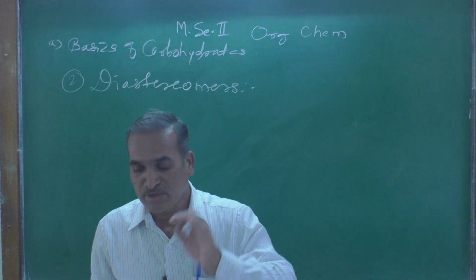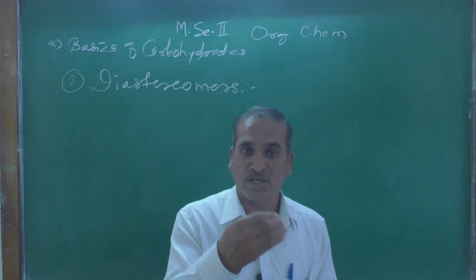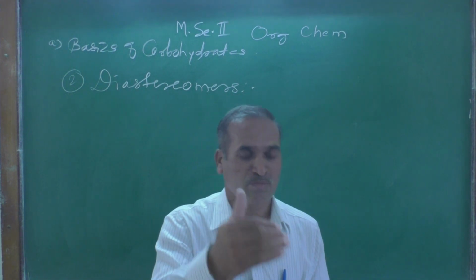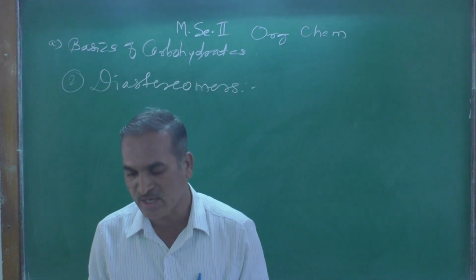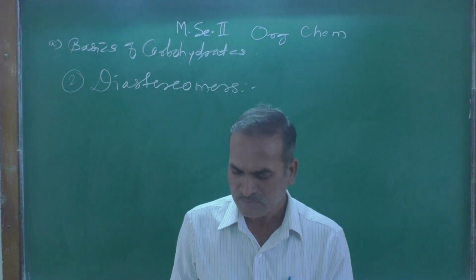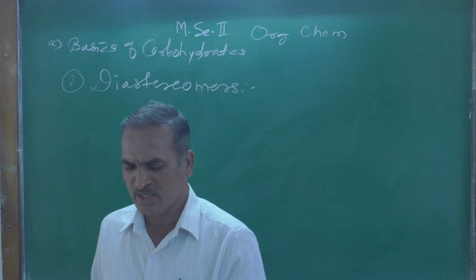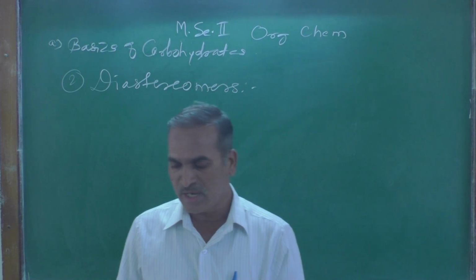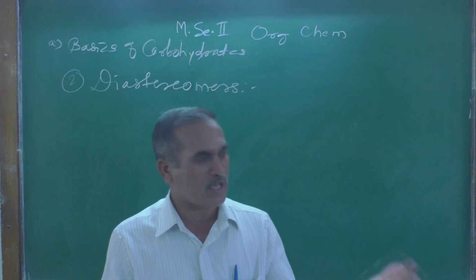of each other, and therefore their physical properties are also different, such as melting point, boiling point, refractive index. The physical properties as well as chemical properties are different, hence it is easier to separate them.